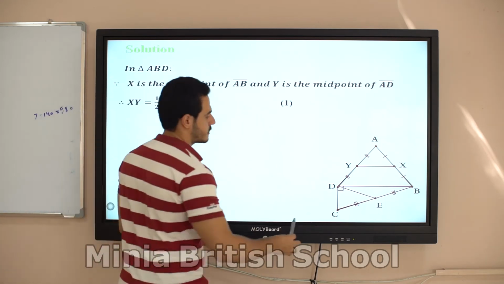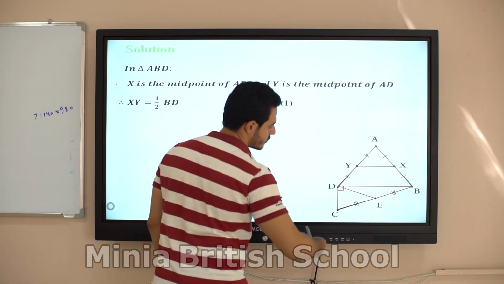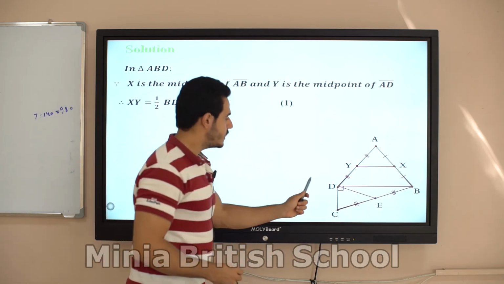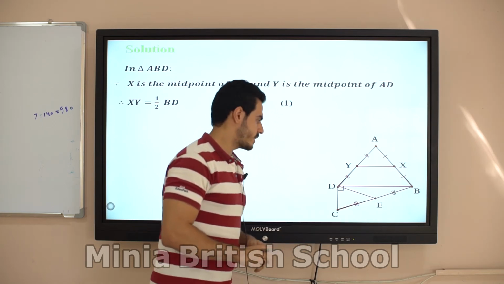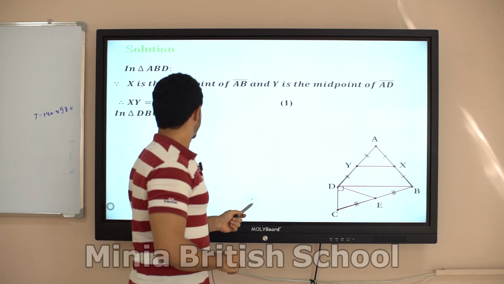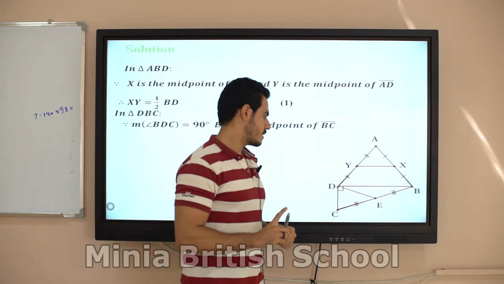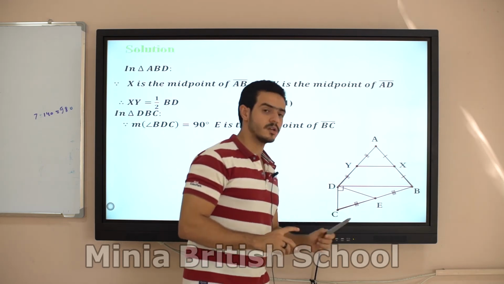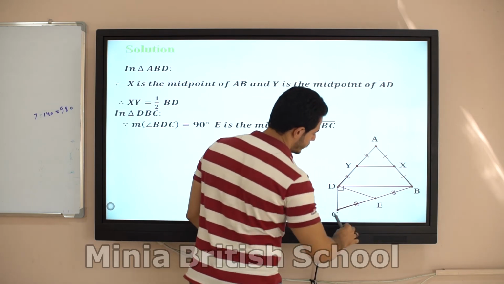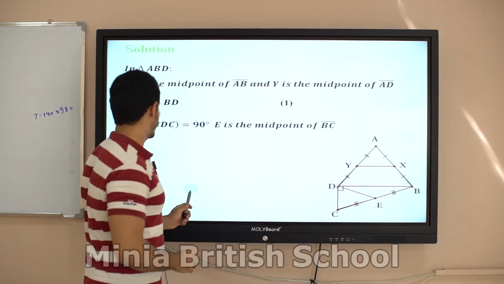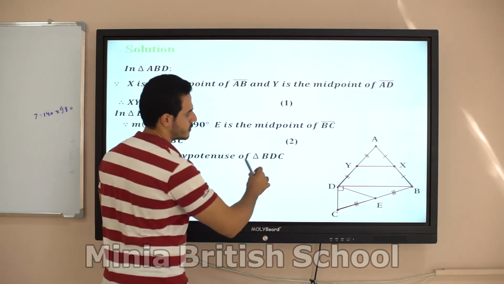Let's work in the second triangle. Since E is the midpoint of the hypotenuse, DE is the median to the hypotenuse from the right vertex. And we know the median from the right vertex equals half the hypotenuse. So DE equals half BC, number 2.